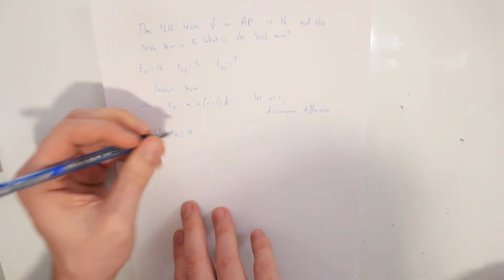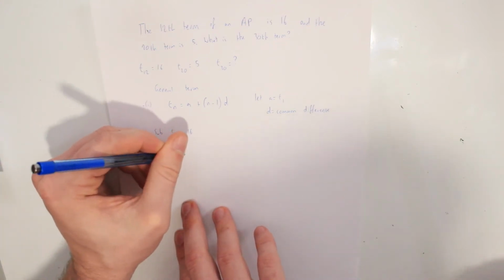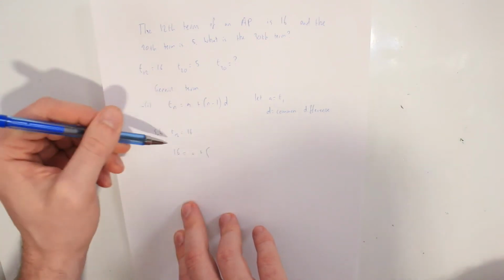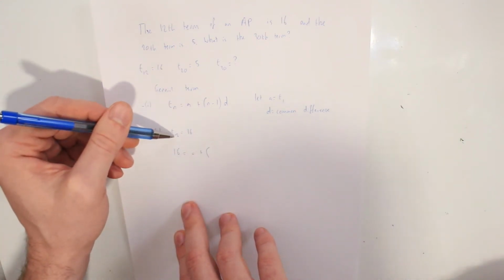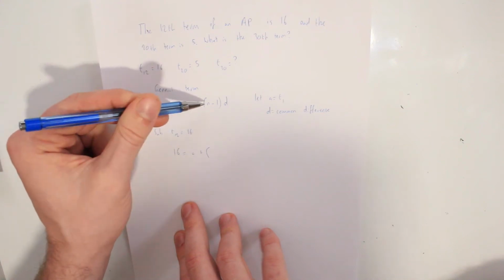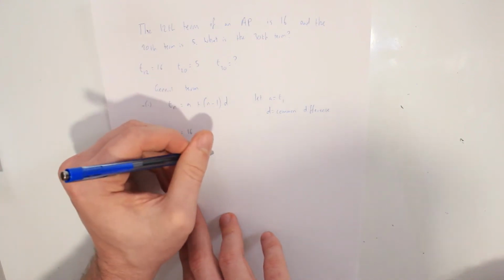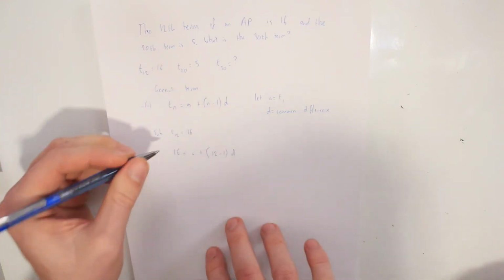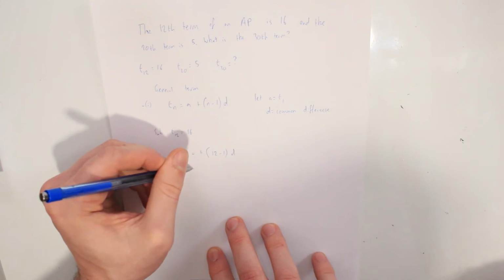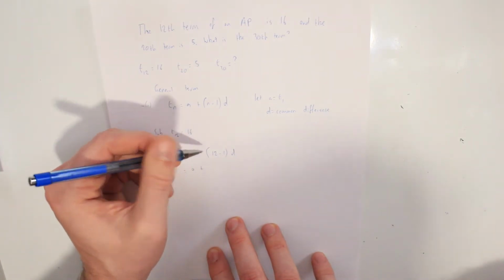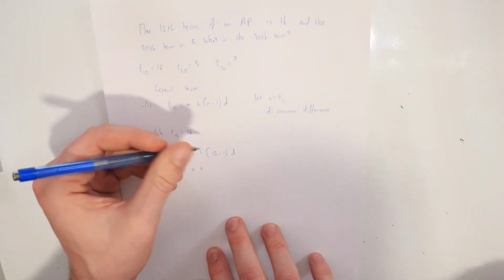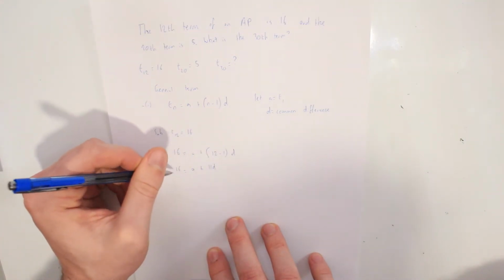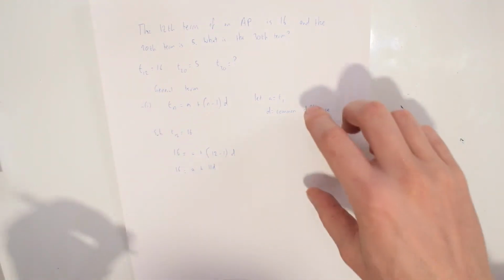So we get 16 equals A plus, 12 is our term, so n is equal to 12, so 12 minus 1 times d. We can simplify this by saying A plus 12 minus 1 is 11, times d, 11d. So 16 equals A plus 11d.